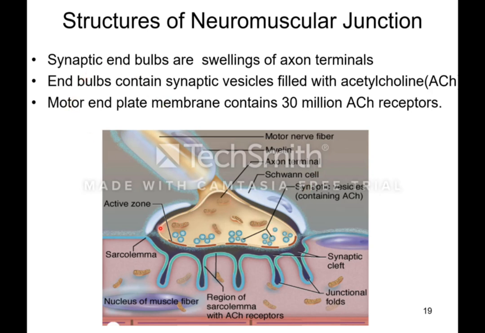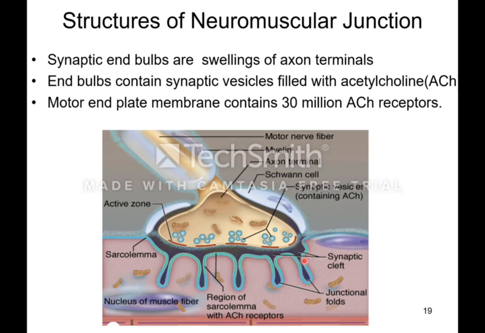The synaptic end bulb, or axonal end bulb, includes synaptic vesicles containing neurotransmitters. On the other side, the muscle cell includes the junctional folding, where the receptors for acetylcholine are located.